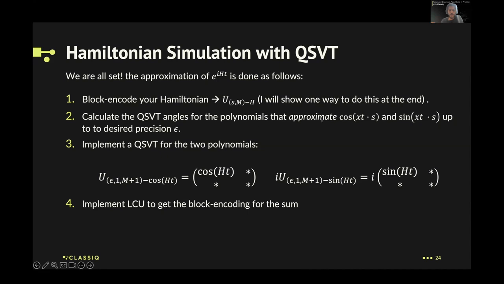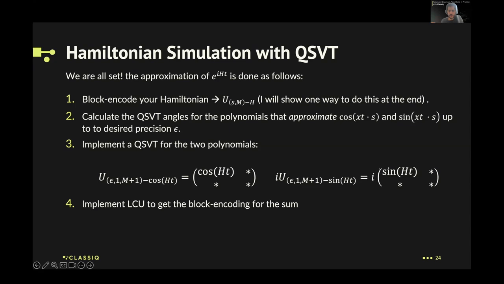Once you have your angles, you apply QSVT to get the block encoding of cos Ht and the block encoding of i sin Ht. I added to the notation here epsilon. Epsilon is because this block encoding is not exact, right? I'm having a polynomial which approximates this and approximates that.